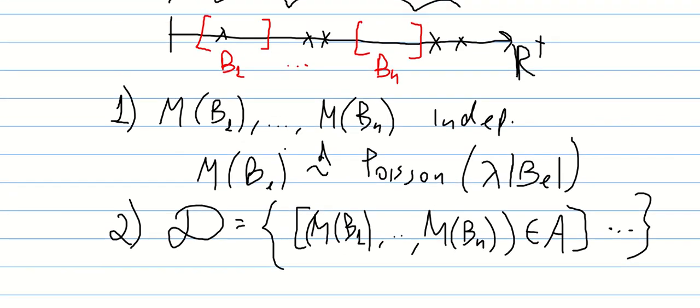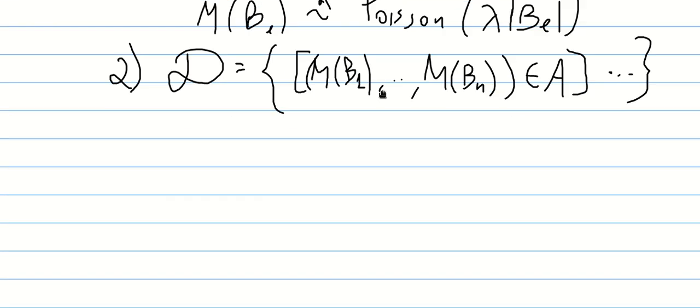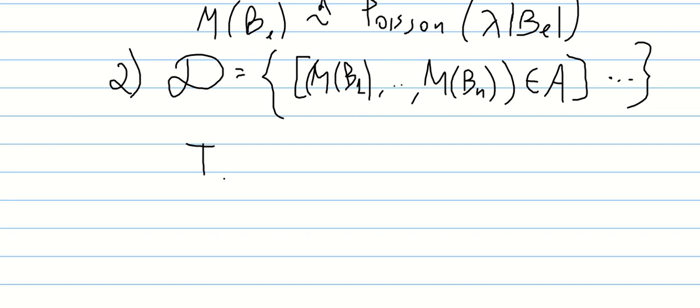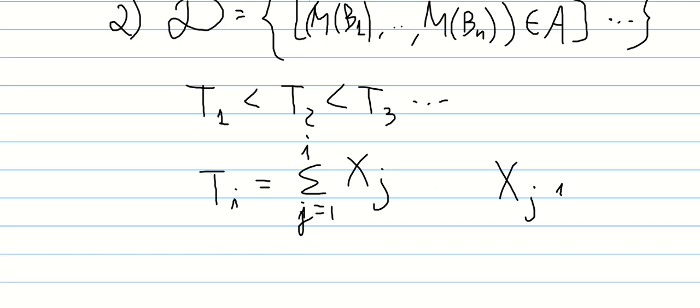So the fact that one holds gives us that the measure we obtained before, so before we had only these Ti's, right? T1 smaller than T2, smaller than T3, and so on. They were defined as Ti is the sum of xj, where xj were independent exponential lambda.